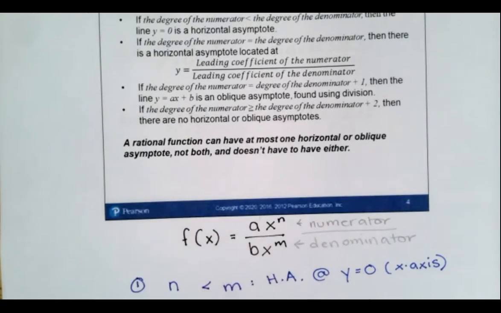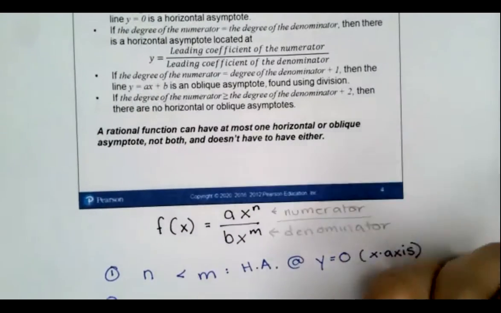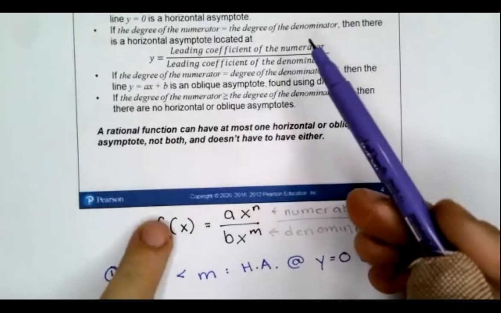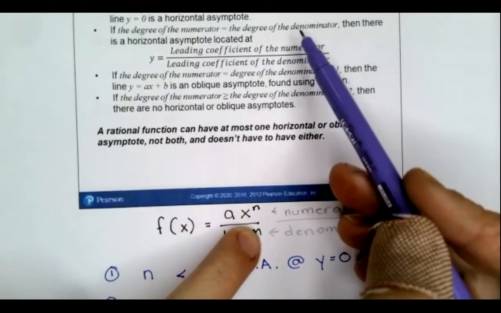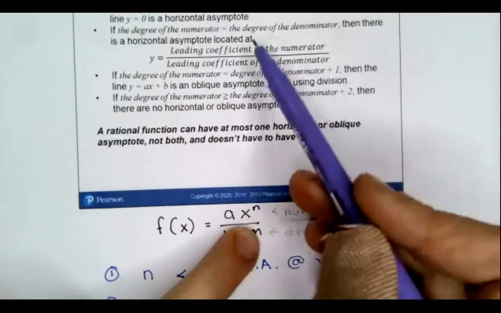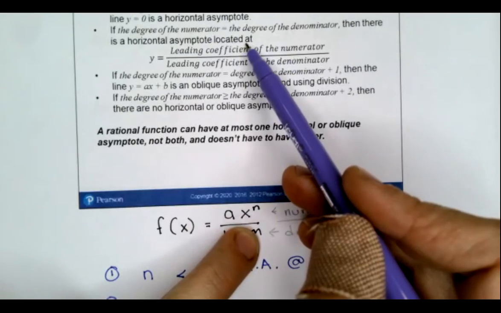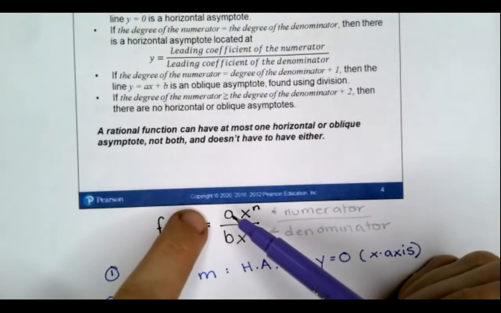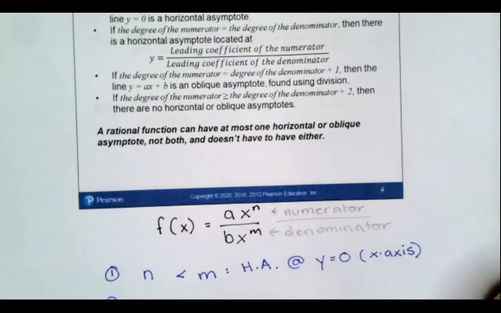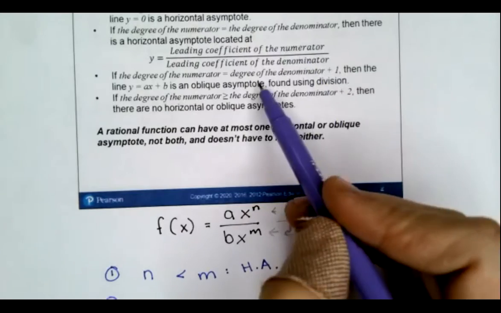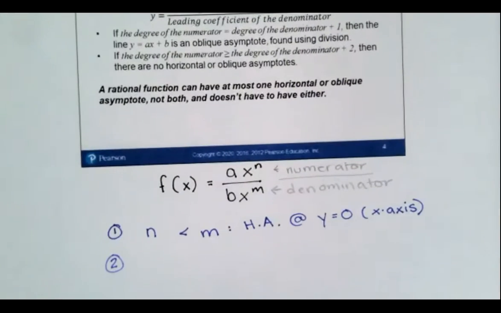Second case, if the degree of the numerator is the same as the degree of the denominator, then there is a horizontal asymptote located at y equals a divided by b, the leading coefficient of the numerator divided by the leading coefficient of the denominator.